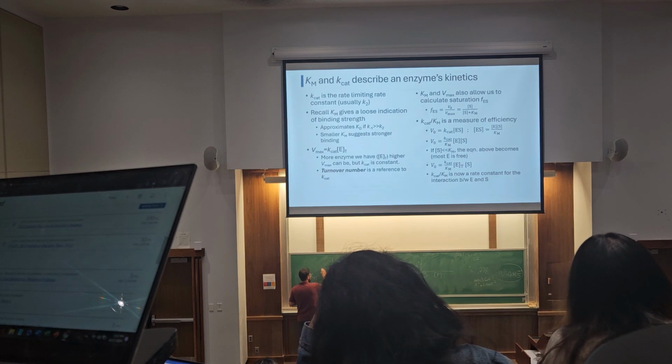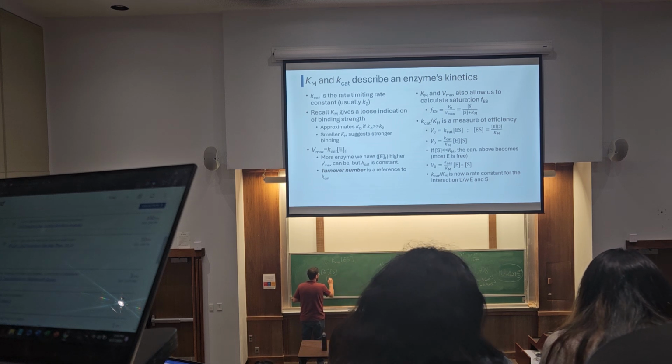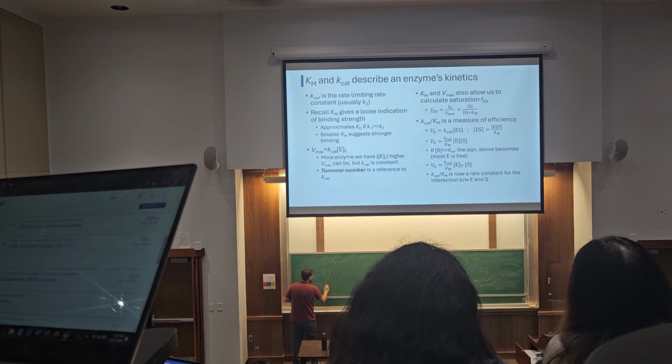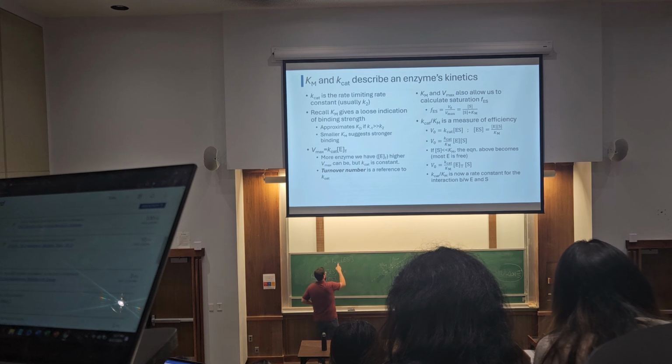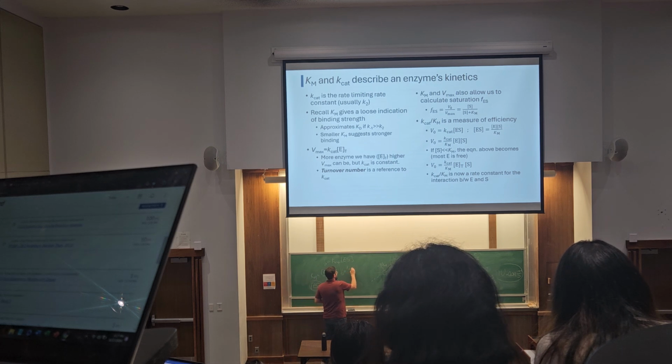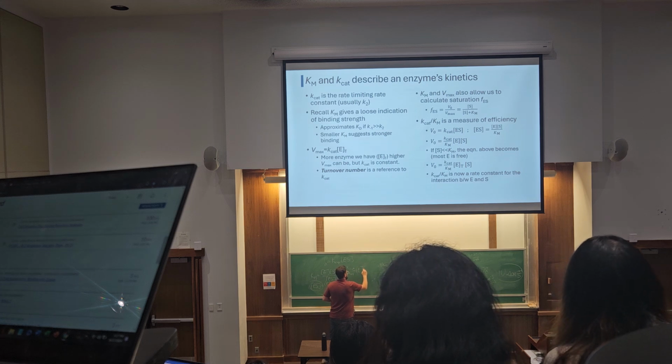But remember, from the derivation, it's also equal to E times S over ES, which means that ES is equal to E times S over Km. It's just a rearrangement. So we can plug in this ES and say that V naught equals Kcat times E times S over Km. In other words, Kcat over Km times E times S.